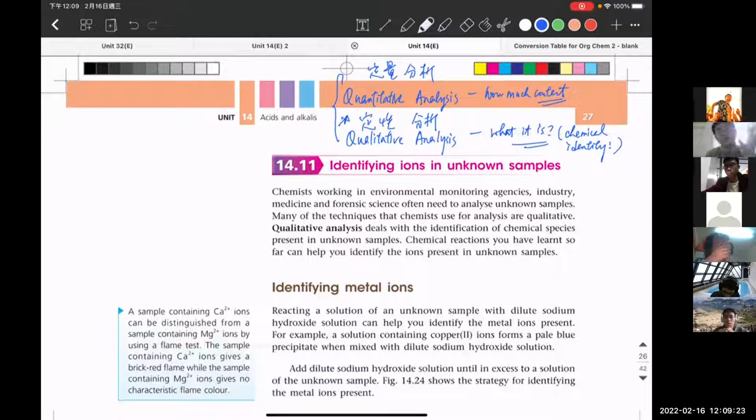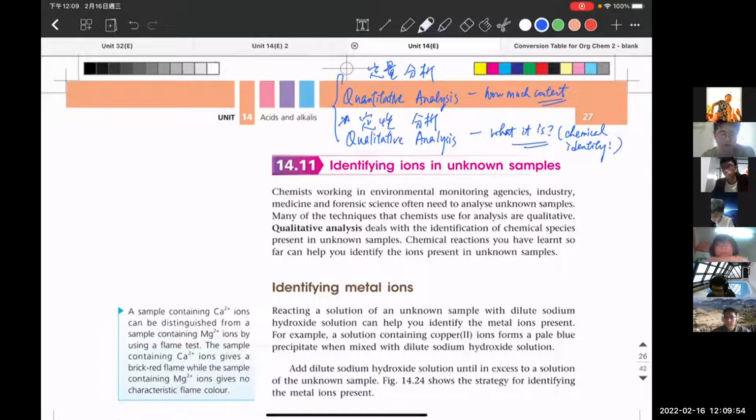For example, I give you a colorless gas tube, and let me tell you inside it is just pure oxygen. So what should you do? Use a glowing splint. Indeed, the glowing splint test is a qualitative analysis, because that result is rather unique.